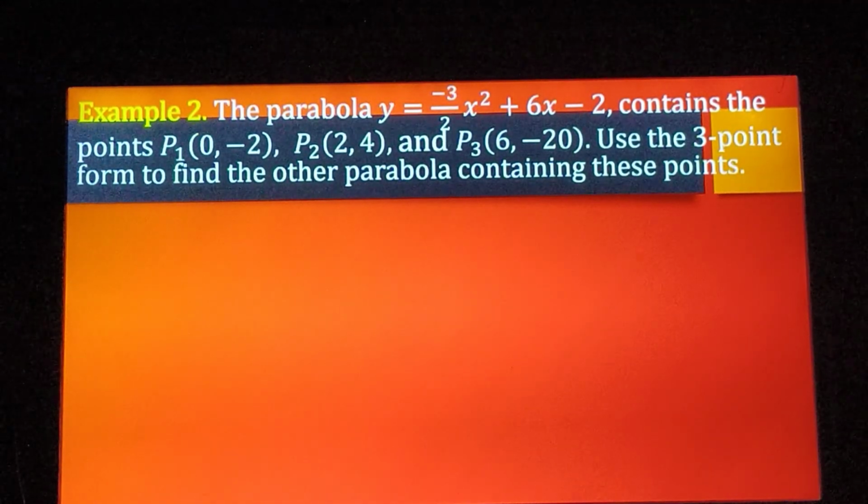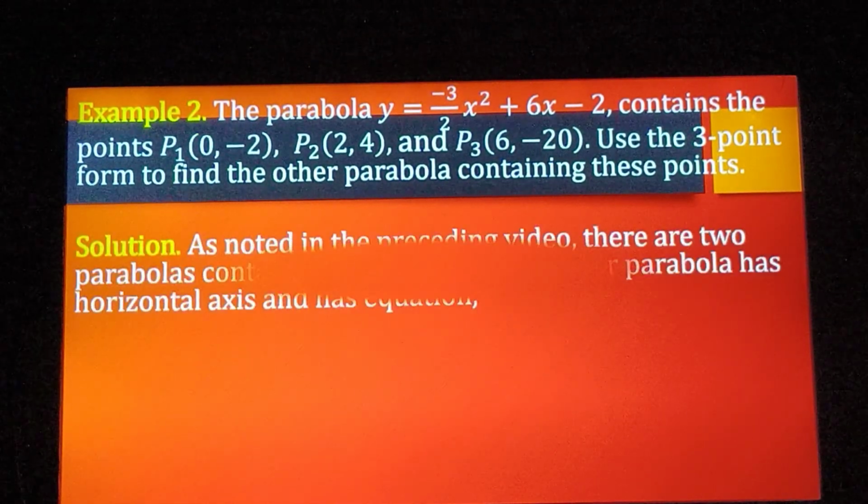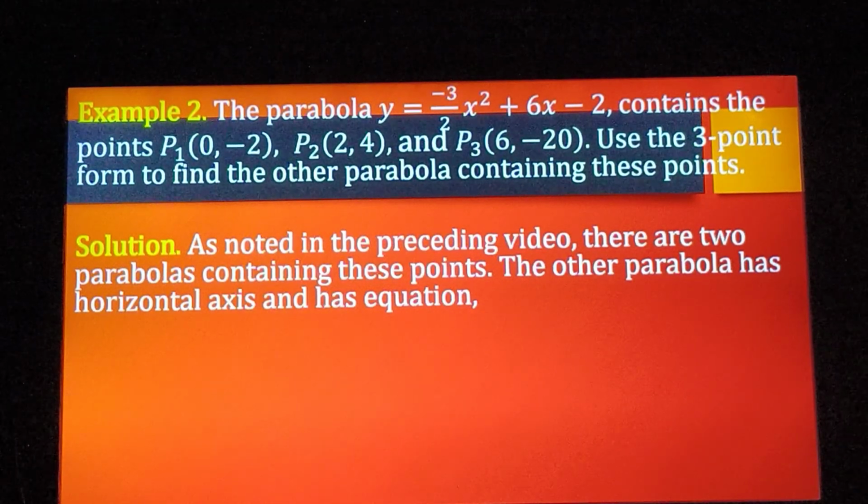Example number 2. The parabola y = -3/2 x² + 6x - 2 contains the points P1 with coordinates (0, -2), P2 with coordinates (2, 4), and P3 with coordinates (6, -20). Use the 3-point form to find the other parabola containing these points. Solution. As noted in the preceding video, there are 2 parabolas containing these points. The other parabola has horizontal axis.